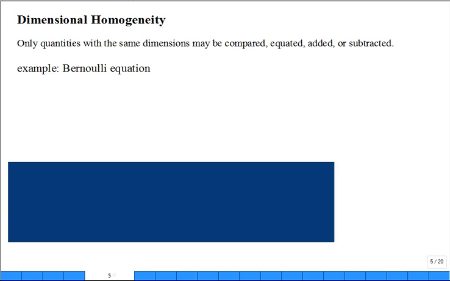Dimensional homogeneity. This is in all those textbooks too. Only quantities with the same dimensions can be compared or equated or added or subtracted. That's it. If they don't have the same dimensions, you can't compare them, right? What is larger, 1 mile or 30,000 seconds?